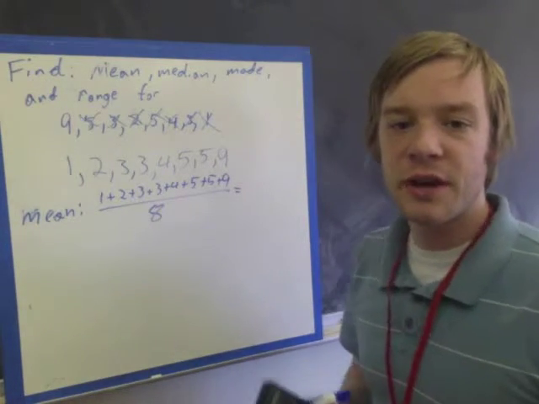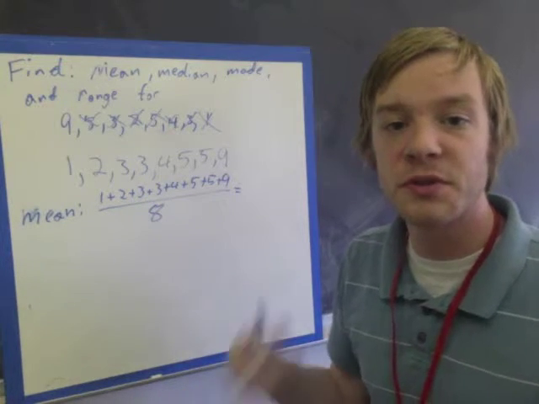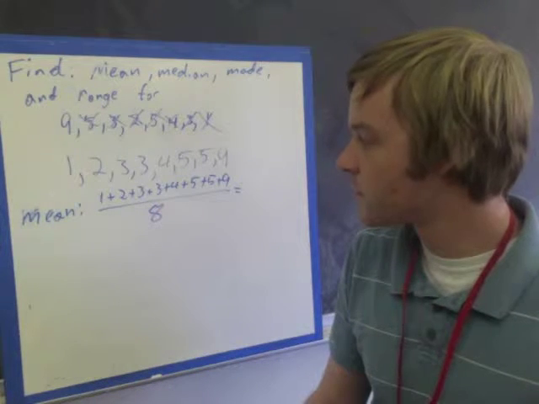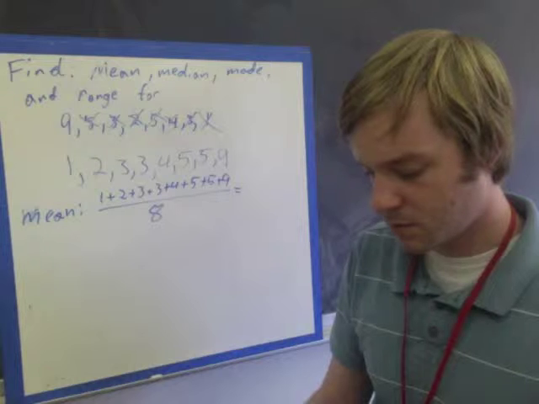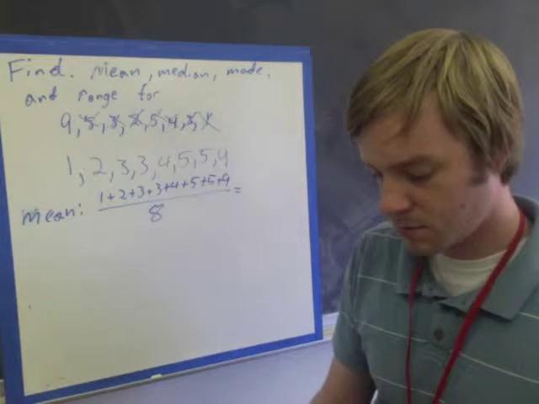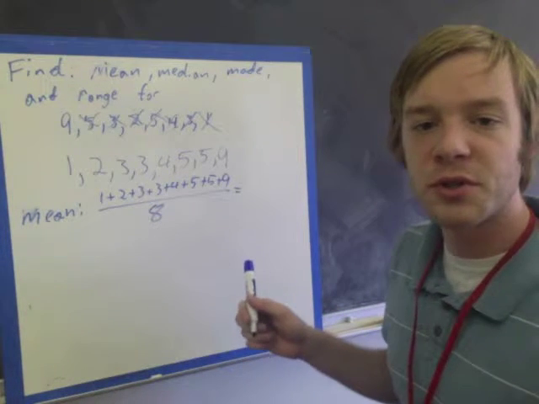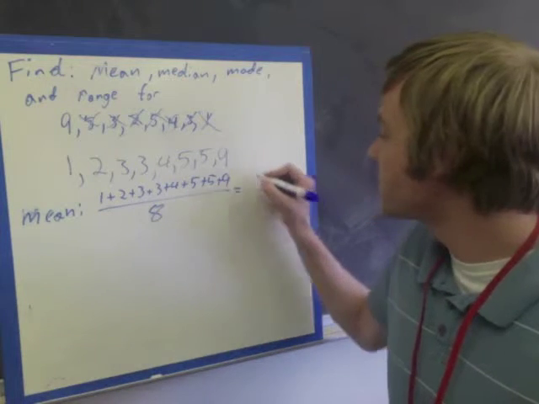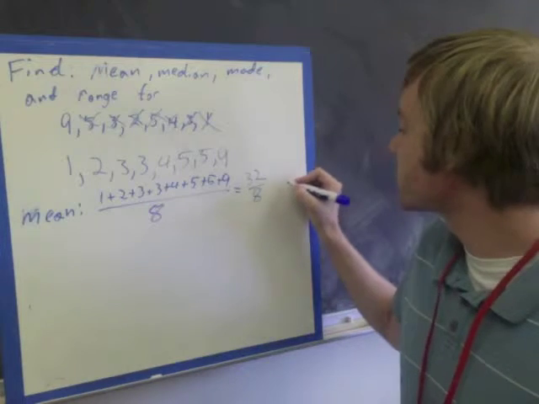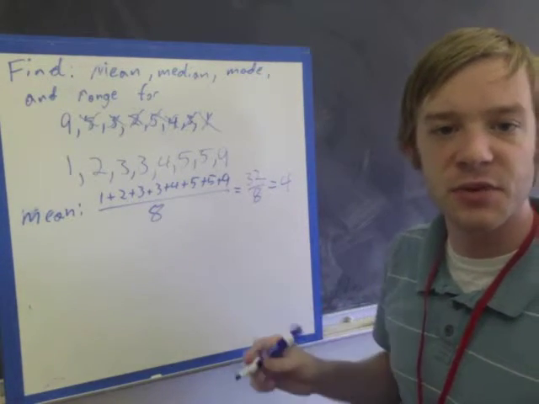Now, if you're doing this in your calculator, make sure that you either put this whole numerator in parentheses or you do this in 2 steps. And if we work this out, we should get 32 over 8, which is the same thing as 4. So the mean, the average here is 4. That's the first thing we're looking for.